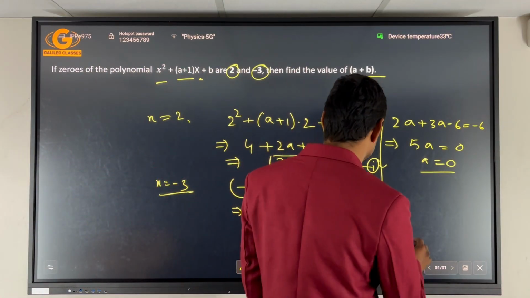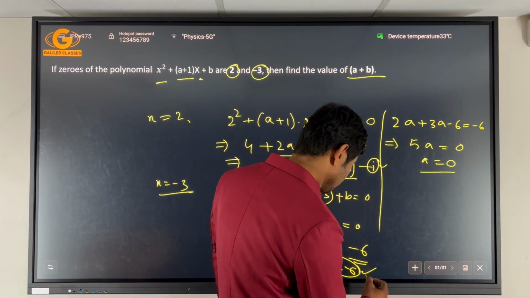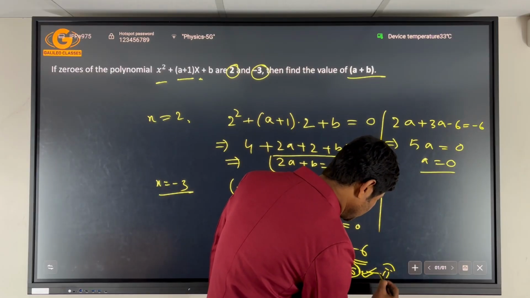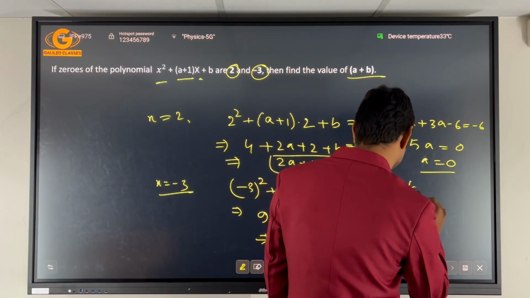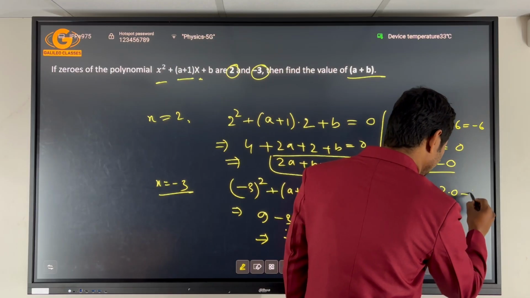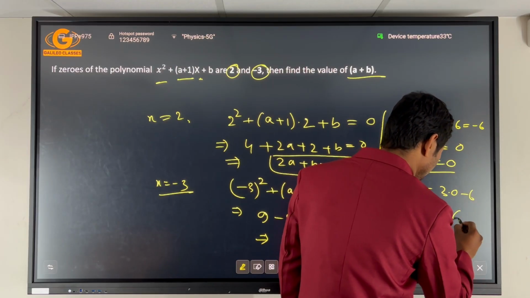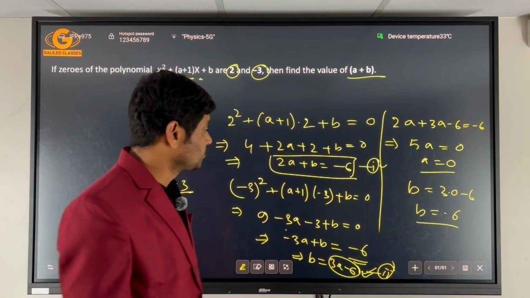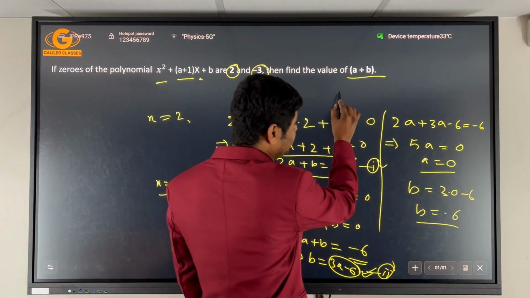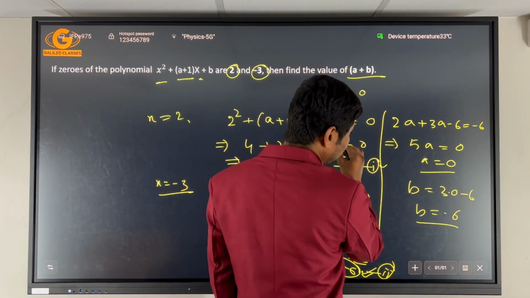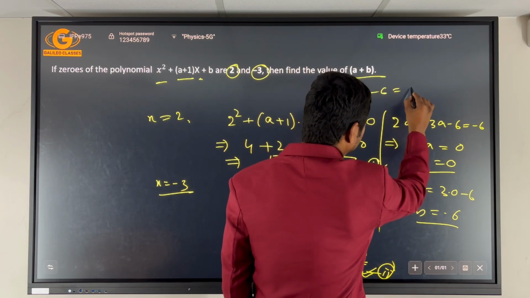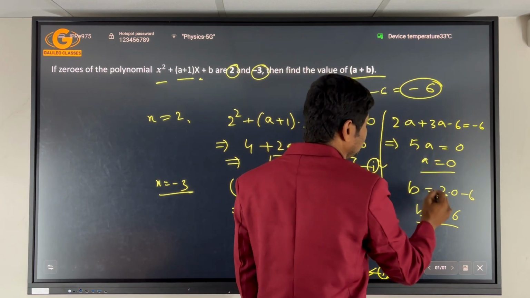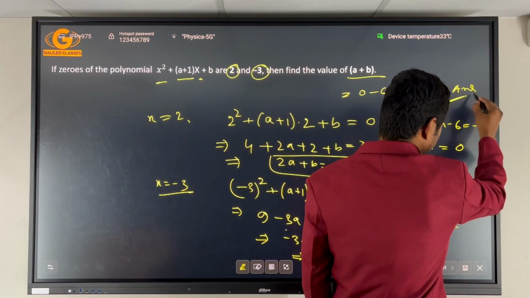And putting a is equal to 0 in equation 2, we'll get b is equal to 3 into 0 minus 6, therefore b is equal to minus 6. Then what will be the value of a plus b? The value of a is 0 and b is equal to minus 6. This is the final answer.